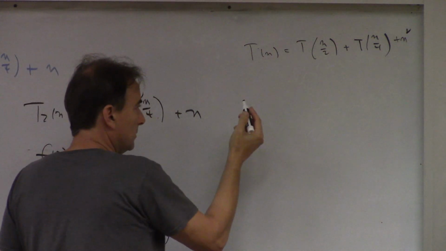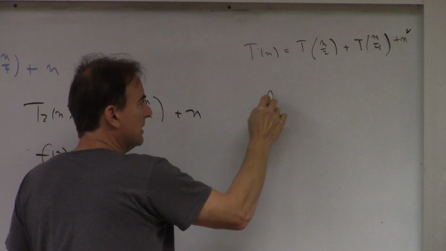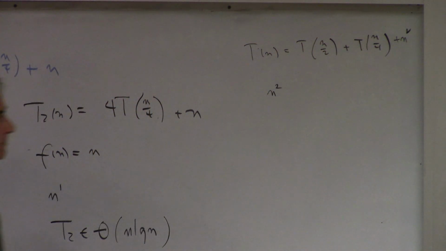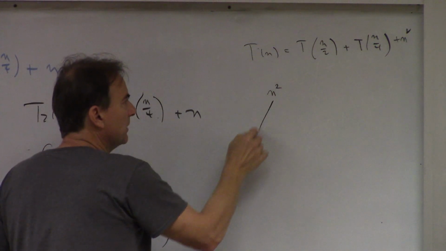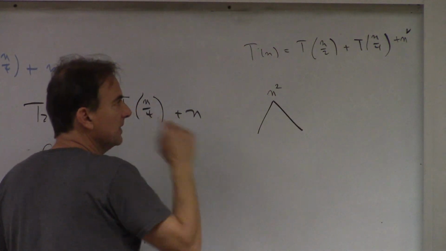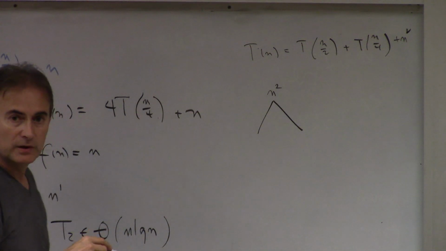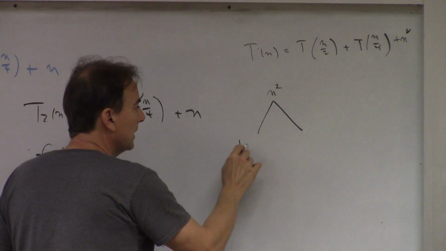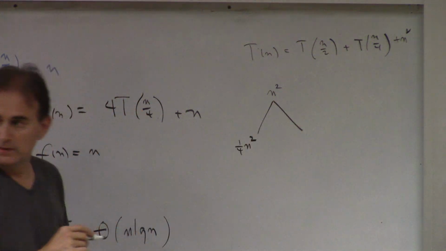So we can say on the recurrence tree we have n squared is the amount of work being done at the top level. And then here we have 2 branches. The first branch is going to have n over 2 squared, which is going to be 1/4 n squared. Right?